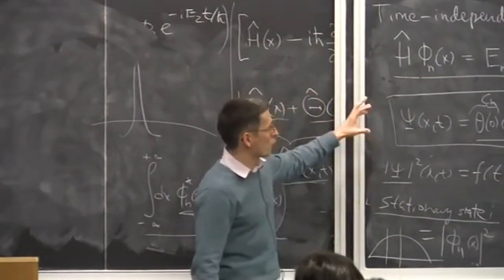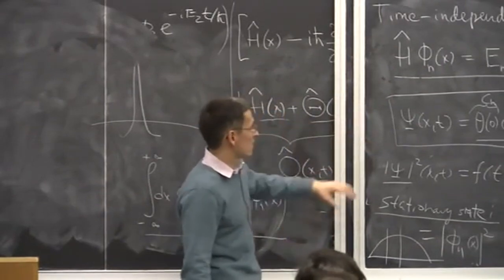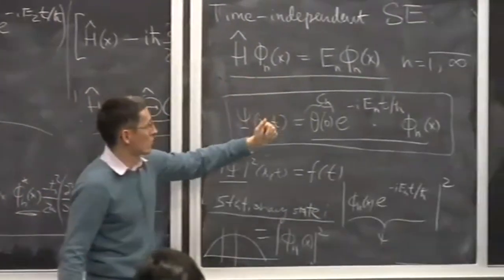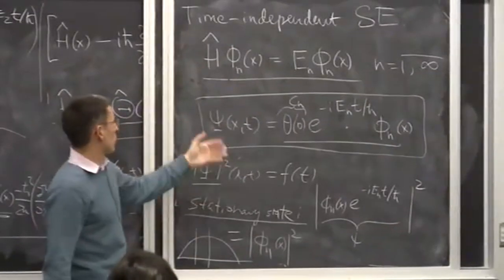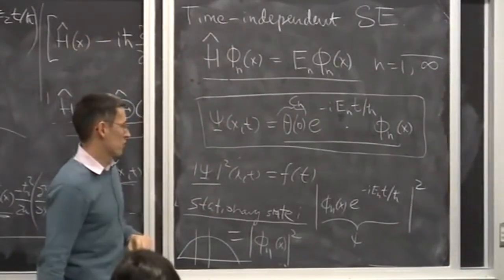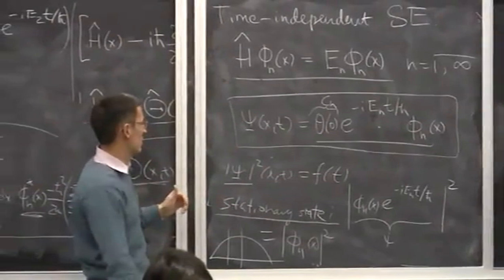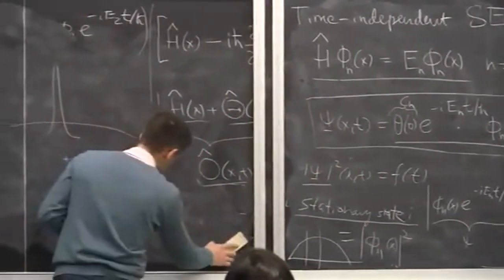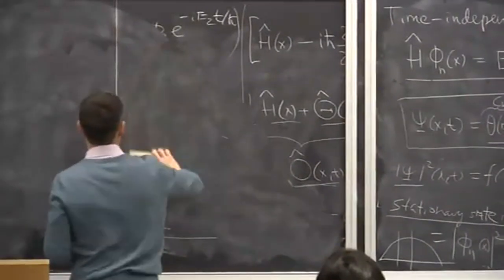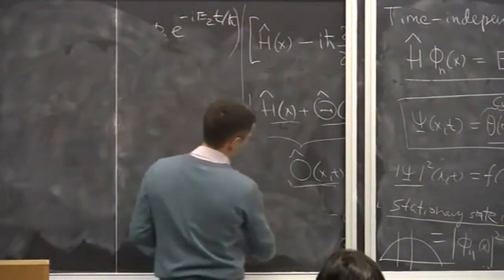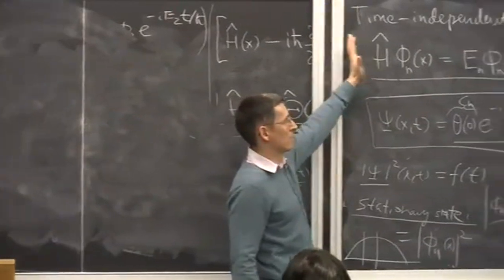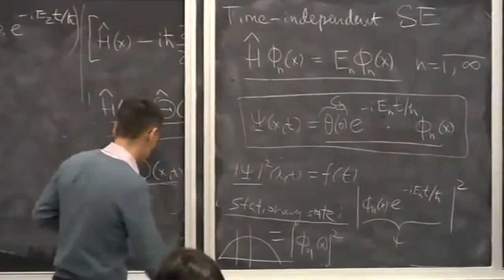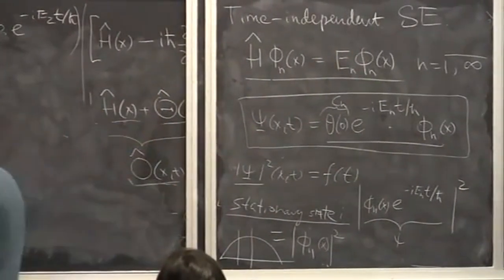And then we know how to combine the solutions of the time-independent Schrödinger equation to solve the time-dependent Schrödinger equation. The initial conditions are the key to the right combination, and we will now focus mainly on the time-independent Schrödinger equation for different systems.